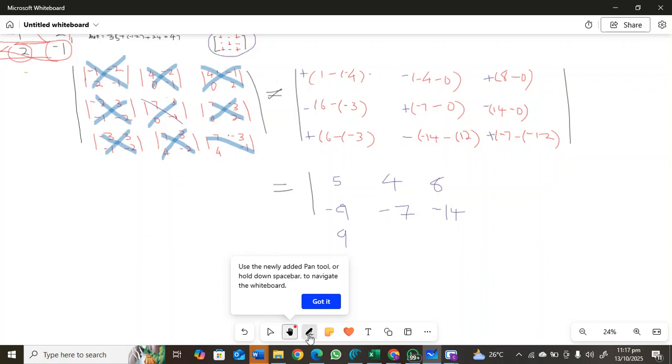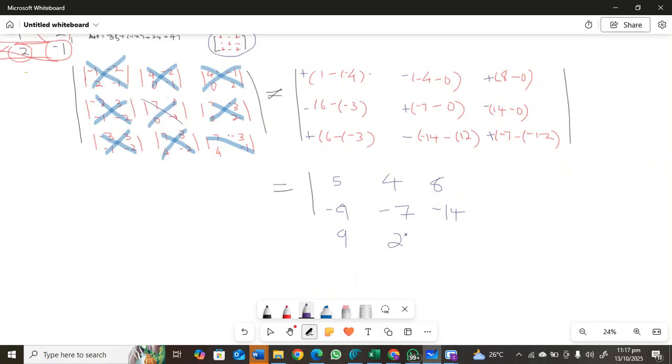So that negative 26 becomes positive. Here, negative 7 minus negative 12. Negative and negative make positive. So negative 7 plus 12, that is positive 5.